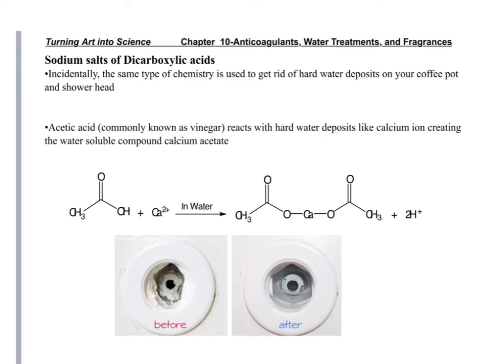Just like if we were trying to control hard water, our acetic acid, or vinegar around the house, reacts with hard water deposits such as calcium and is going to create a water-soluble compound, calcium acetate.